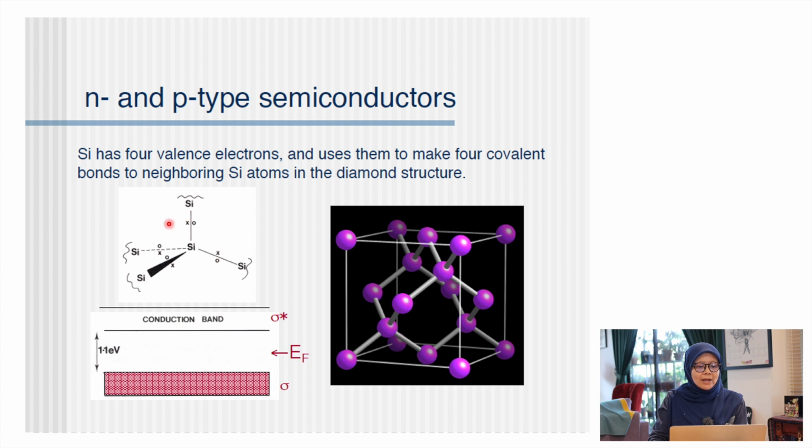So silicon has a structure similar to diamond. This is the structure of silicon, where we have the sigma and sigma star, the bonding and anti-bonding levels. This is where we have the valence band and the conduction band.